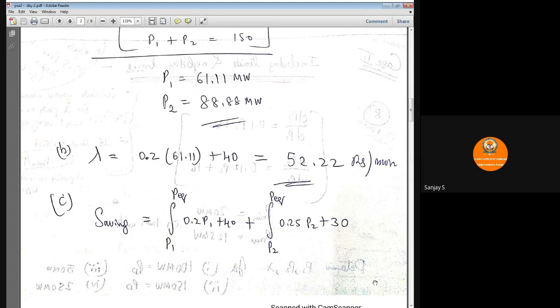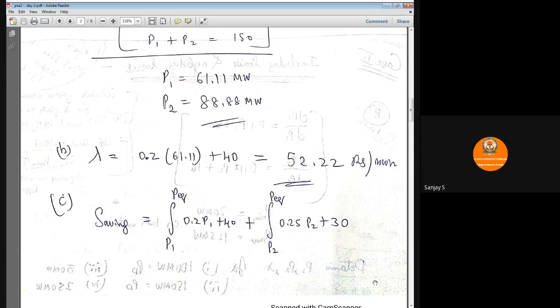So in the lower limit I take P1, which is 61.11, and upper limit is the equal value, 75, and for dC1 by dP1 I write 0.2 P1 plus 40. For the second integral, the lower limit is P2, 88.88, the upper limit is again 75, and within the integral I write 0.25 P2 plus 30. If you do this integration, you'll get your savings value.